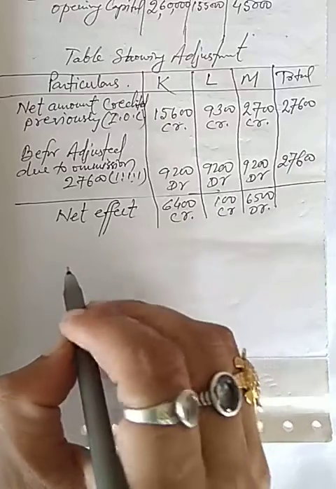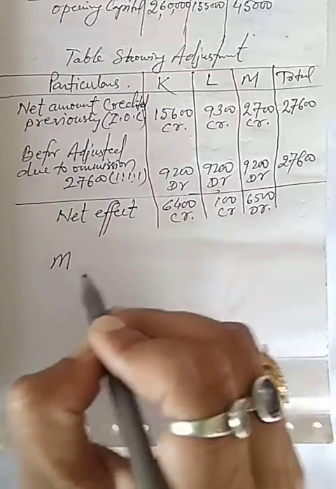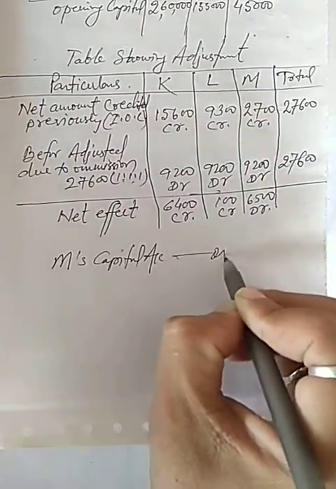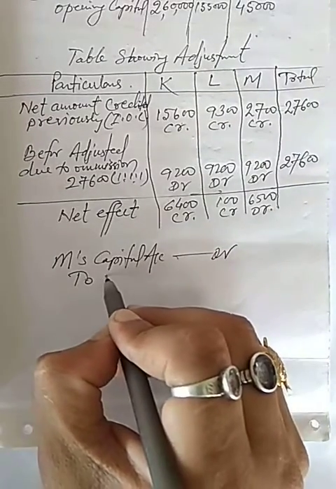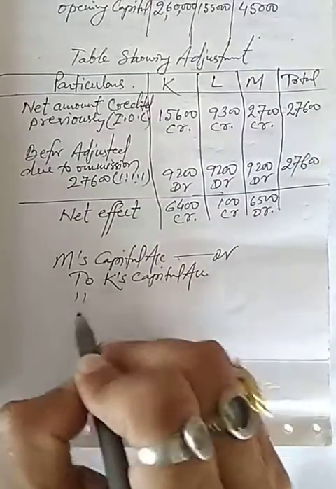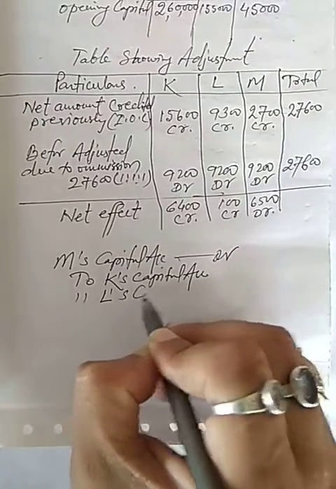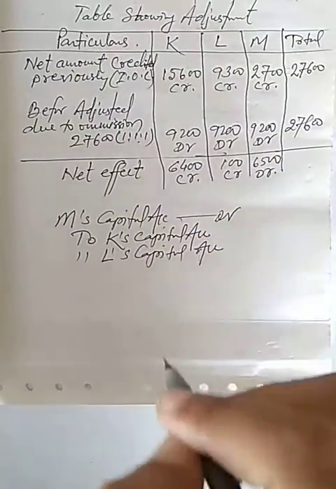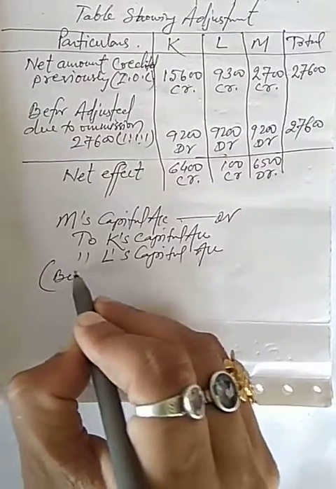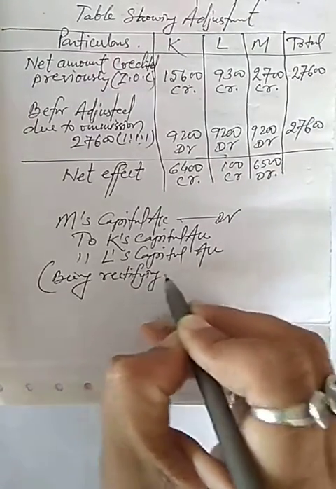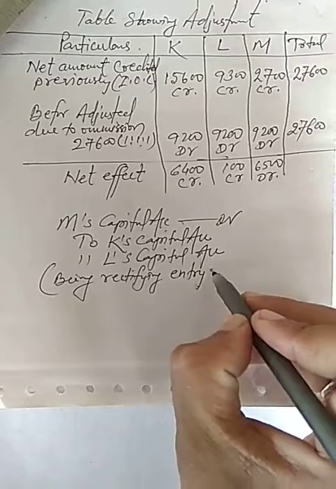So the journal entry will be M's capital account DR to K's capital account, to L's capital account, being rectifying entry passed.